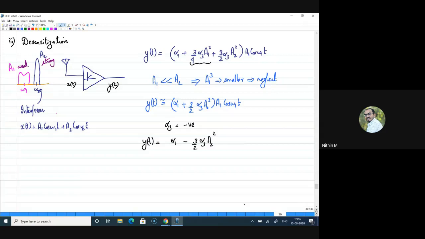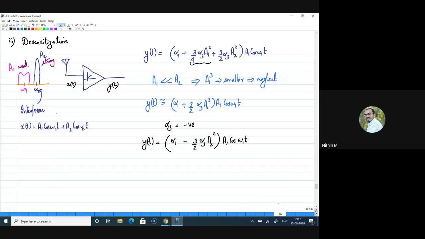So it is alpha 1 minus 3 by 2 alpha 3 a2 square into a1 cos omega 1t.